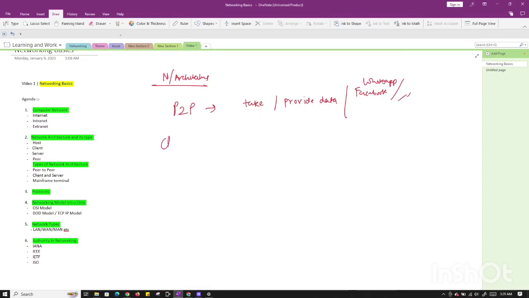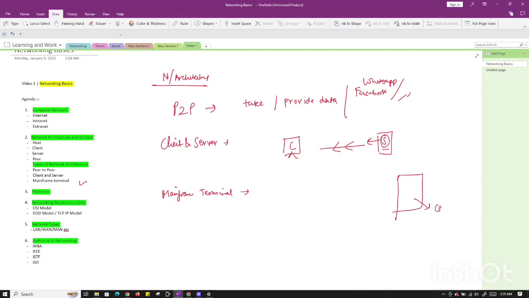Then we have client and server. It is very simple and straightforward. A client has to request the data and a server has the duty to provide the data. And the third one is mainframe terminal. It is like we have a server, which we call a centralized point, also called a mainframe, which has all the logic, like what the data logic should be and how the access list works, everything is there.